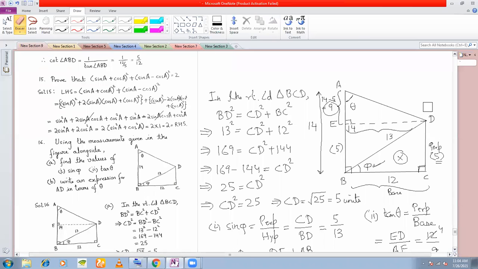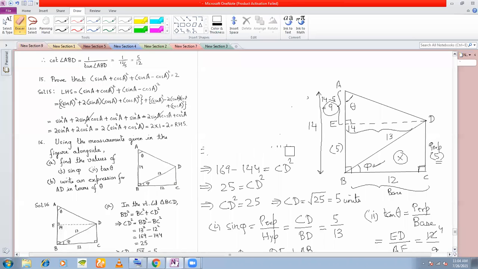What is AD in this triangle? Hypotenuse. And AD and theta. So in which of the ratios, sine, cosine, tan, which ratio has hypotenuse in it?